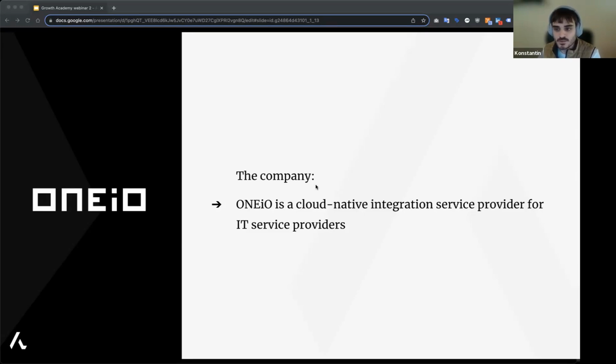And I would say the acquisition part is very lead generation focused. So I would like to start with 1IO, and a short intro of the company. 1IO is a cloud native integration service provider. So it's an IT tech software company, and they do integrations for enterprise businesses and also service providers.